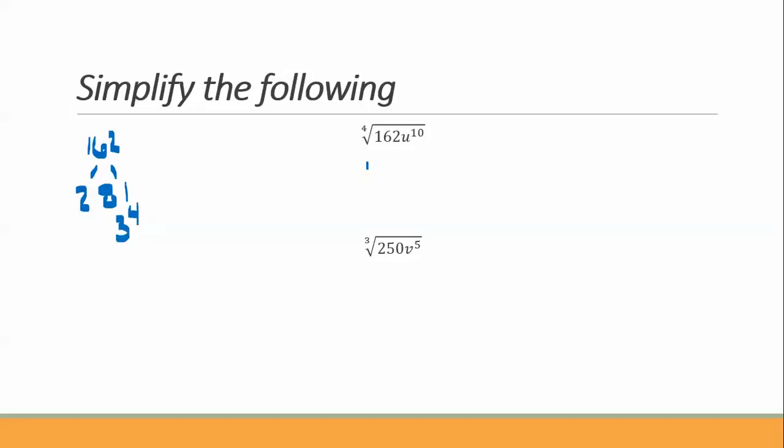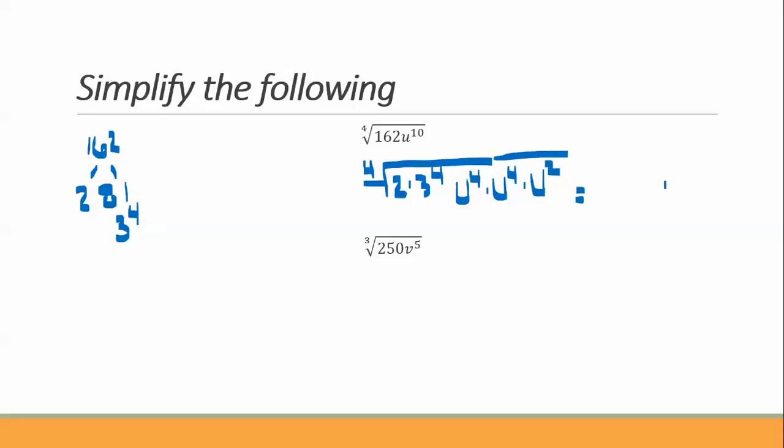So this is the 4th root of 2 times 3 to the 4th. So we have a perfect 4th power. Then u to the 10th we want to split up into u to the 4th times u to the 4th times u squared. 4 plus 4 plus 2 is 10. 4th root, 4th power.